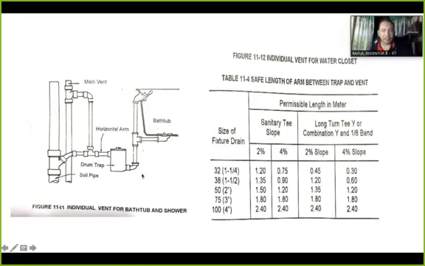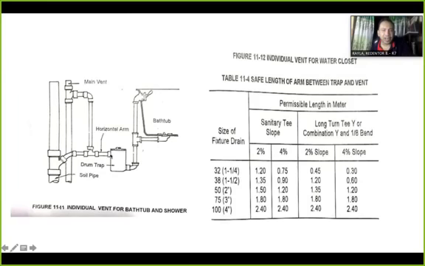So where is the trap? So this is another type of trap. We call it the drum trap, normally installed when there is a bathtub. Malaki talaga ang trap na yan, no? So if there's anything that blocks, you can open that and clean the drum trap.